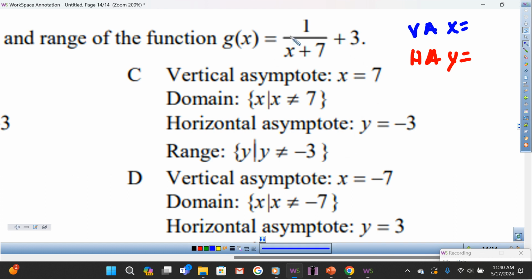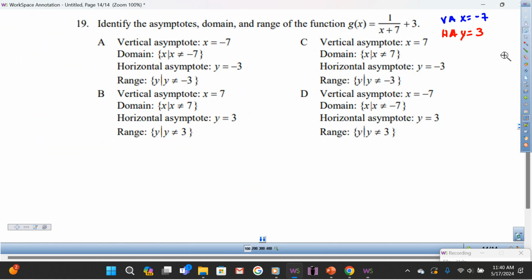What is our VA according to this? VA is negative 7, and our HA, 3. That is correct. And then just go looking for those two. Let me zoom out. VA, negative 7.